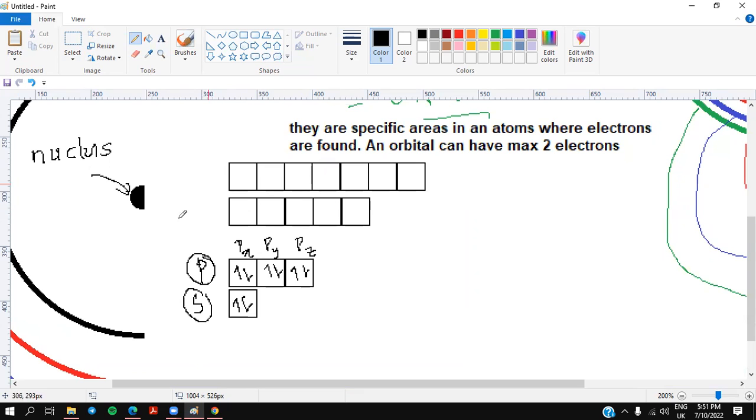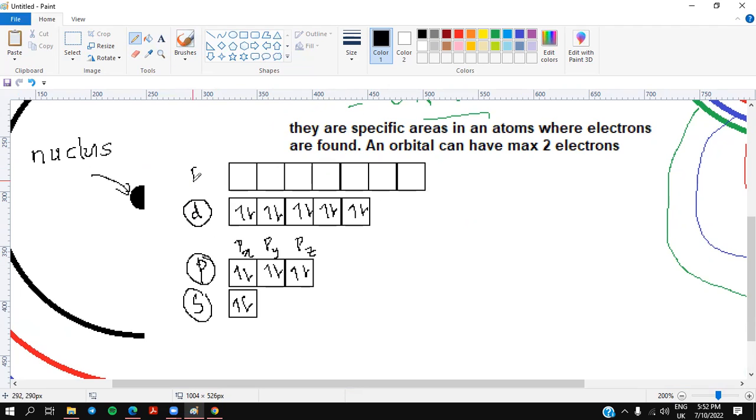Now the next diagram I have drawn here is the d orbital. D can have 10 electrons. These 10 electrons are kept in 5 orbitals. D sub-energy level is divided into 5 orbitals. In each orbital, we can have 2 electrons. So altogether, there are 10 electrons in the d subshell.